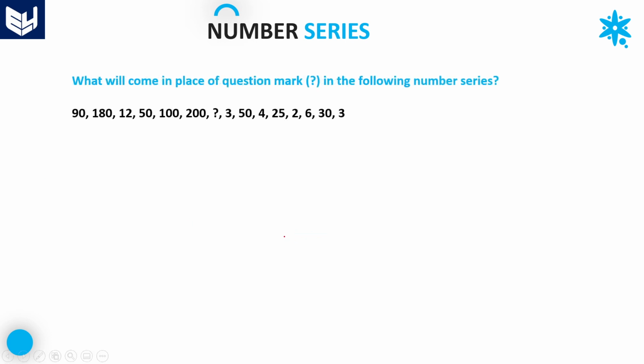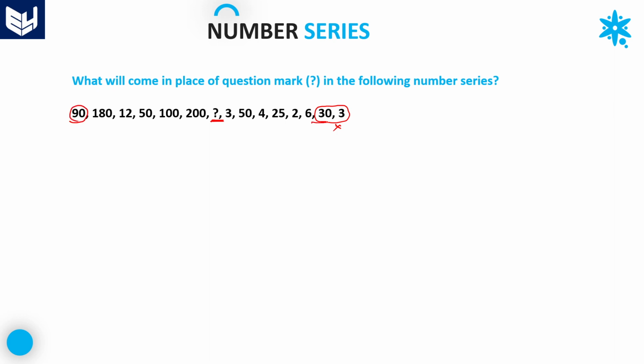Next question. This question is very important and the logic is very interesting. Here the question mark is in almost the middle portion. Now observe the numbers carefully and find out the logic. Here the logic it is following is 30 into 3, which is equal to 90.